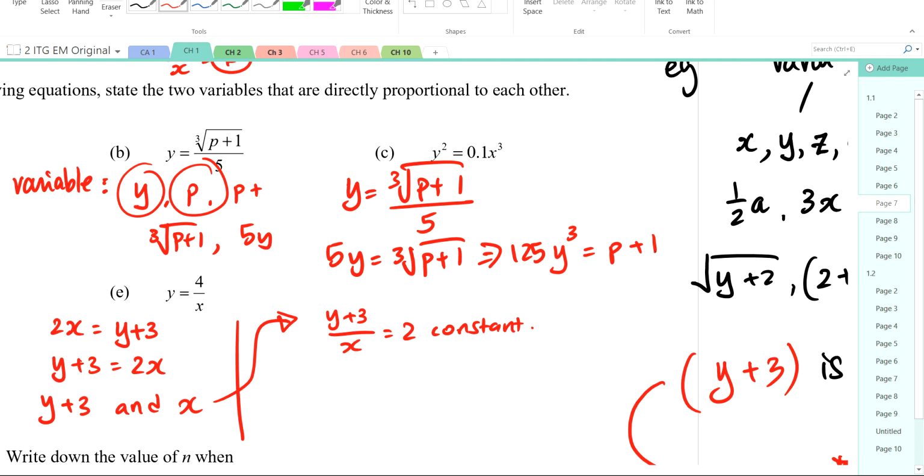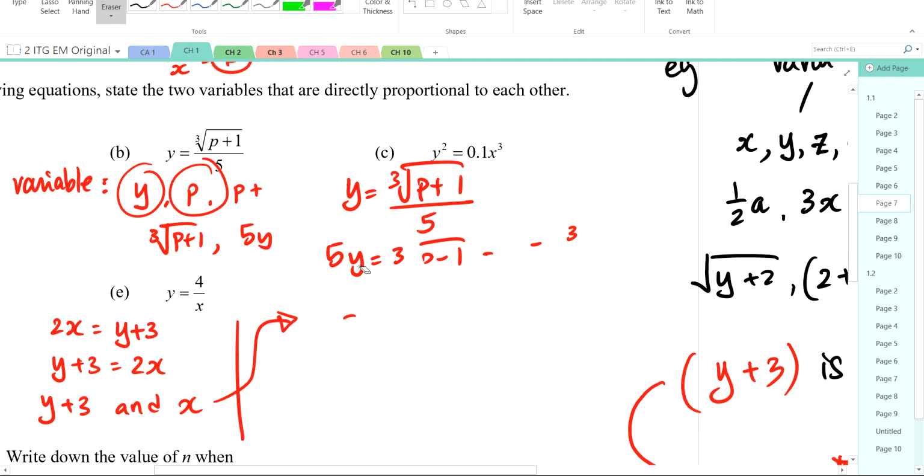Cannot. If you try to divide by p on both sides, you get 125 y cubed over p equals 1 plus 1 over p. I still don't have my y over p. You get what I'm saying? There is no way that I can form y over p equals a constant from these two variables that I've chosen, y and p.